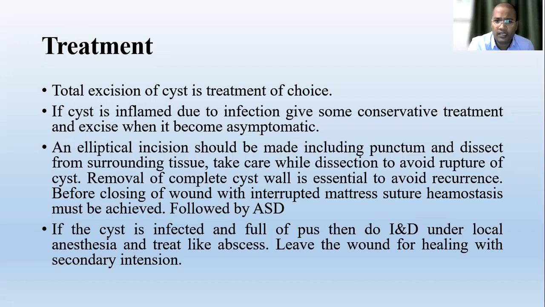After giving the local anesthesia, just give the incision over the cyst and squeeze from both sides, so that all the sebum material comes out. Then you hold the cyst wall with the forceps and separate the cyst from the nearby unhealthy and healthy granulation tissue, and you must remove the complete cyst wall.